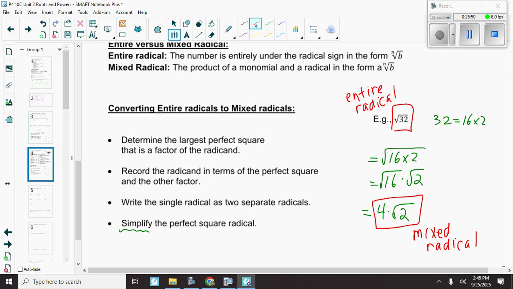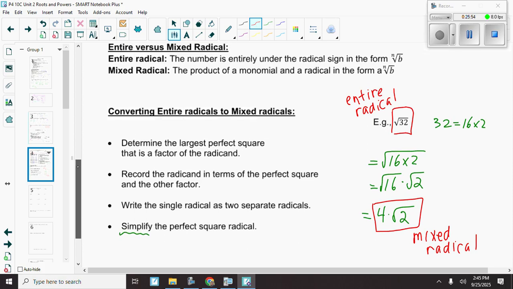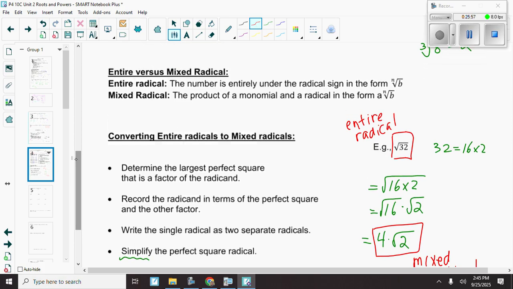It's mixed up. So now we're ready for this definition: entire means the number is entirely under the radical sign, and a mixed radical means there is a coefficient in front, in simplified form. Make sense?